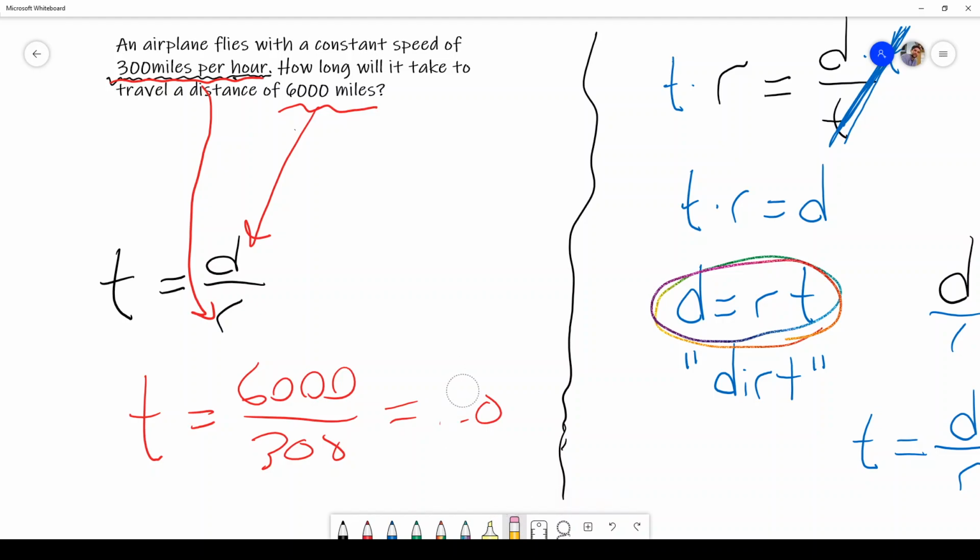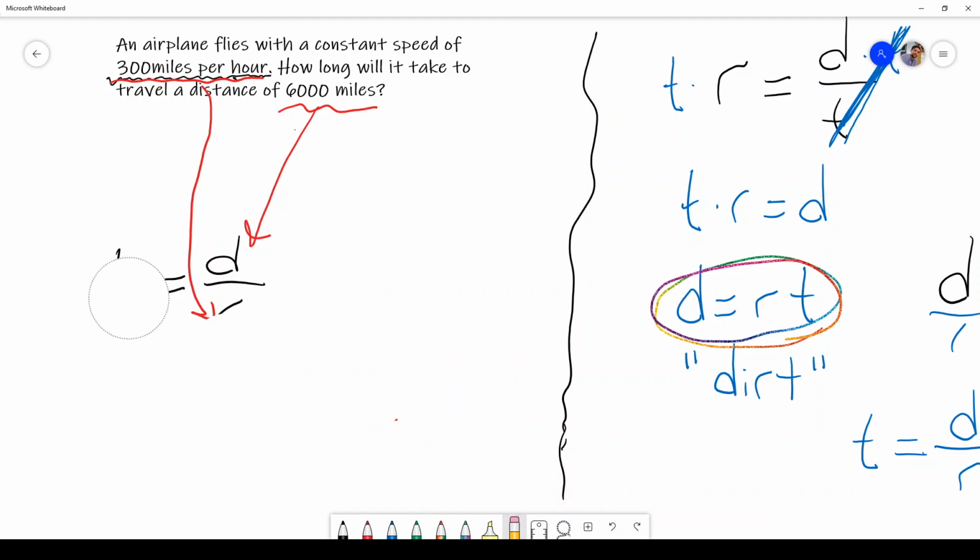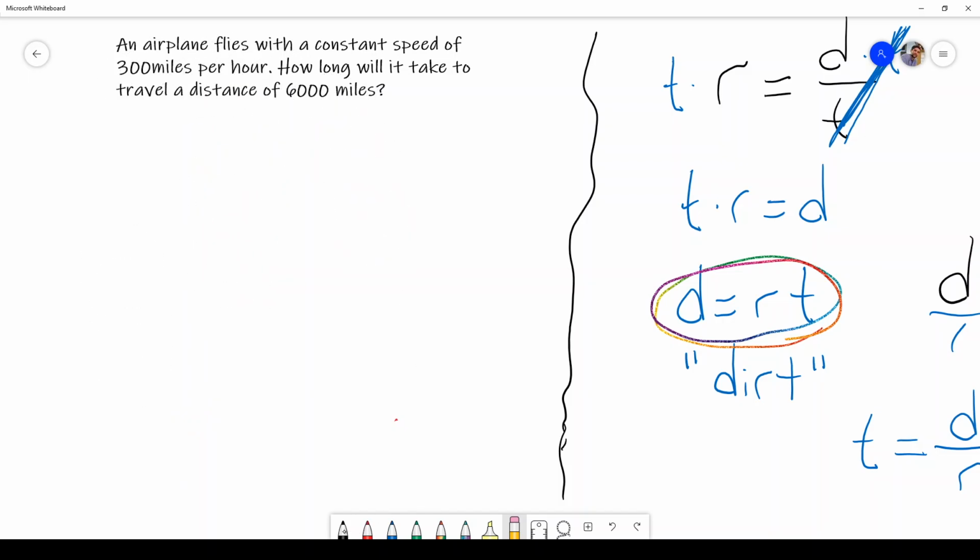I'm just briefly going to do the algebra that allows you to manipulate this equation. So, D equals RT, R equals D over T, and T equals, what does T equal?